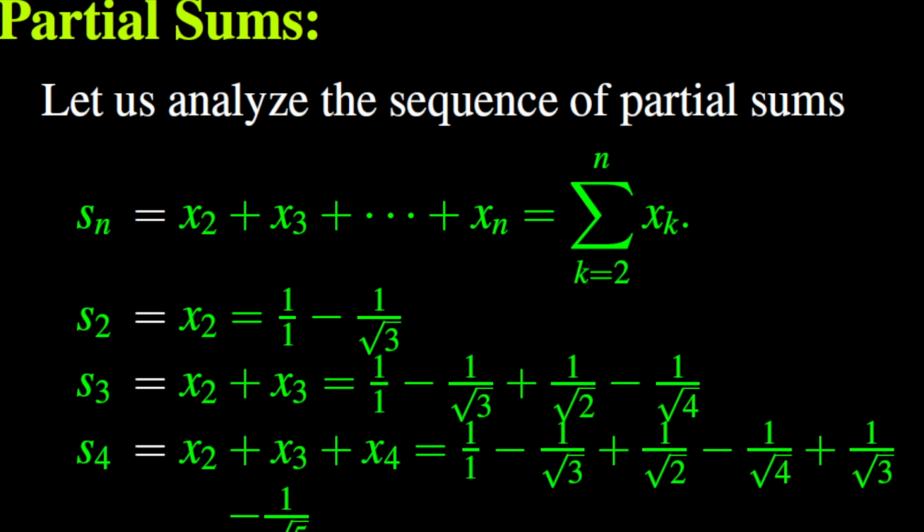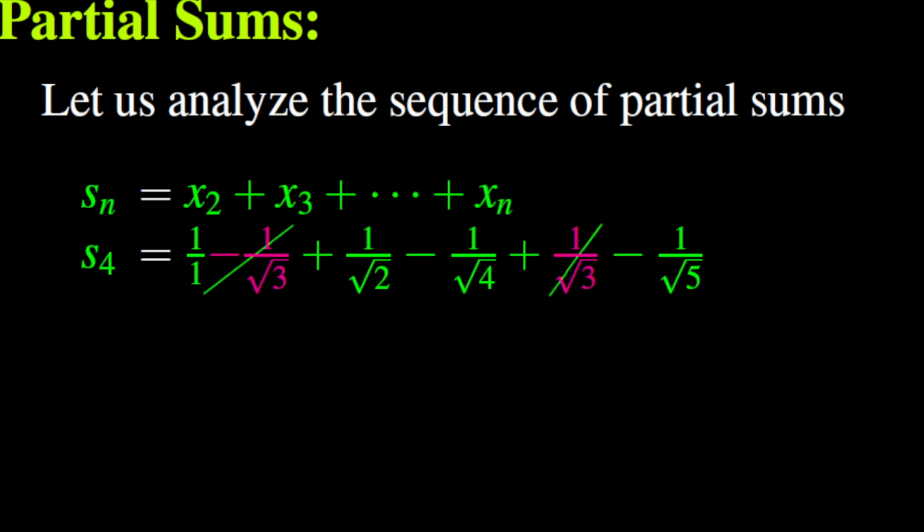S4 is equal to x2 plus x3 plus x4. One can easily see that there are terms with their opposites in the sum S4, namely, we have 1 over square root of 3, and negative 1 over square root of 3. We should cancel those terms and simplify S4. So we cancel those terms and obtain S4 as 1 plus 1 over square root of 2, minus 1 over square root of 4, minus 1 over square root of 5.